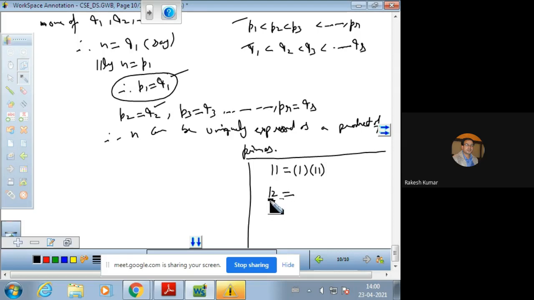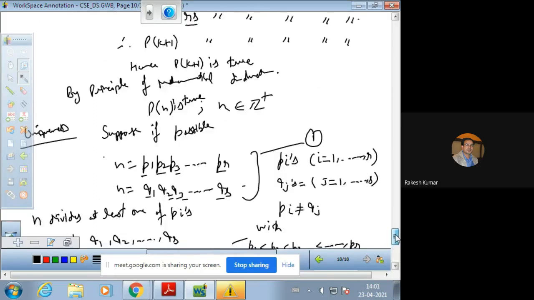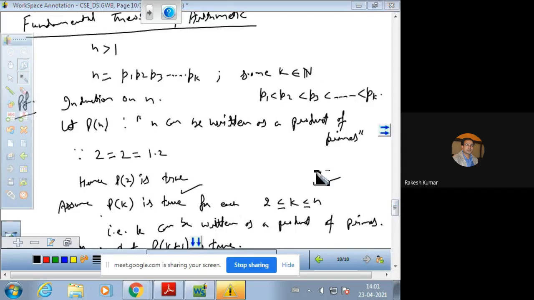So now we are talking about those integers which are greater than 1. This was given in the statement itself. Just see, n should be greater than 1 and it can be written as a product of primes or a prime.